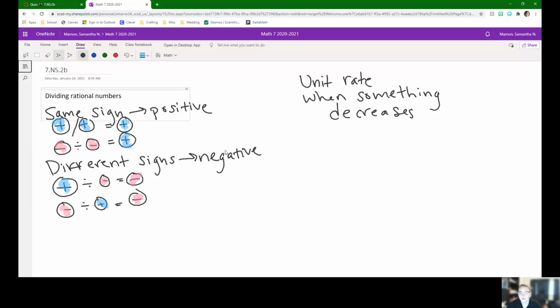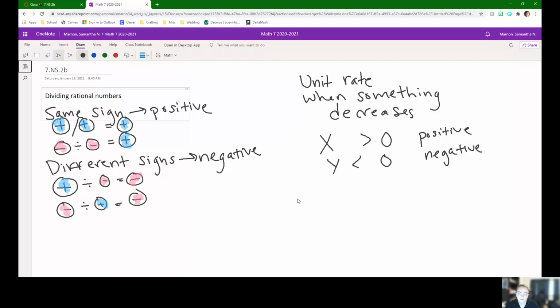Or they could ask you those weird ones with the variables and the letters again, where it says something is greater than 0 and something is less than 0. So if they tell you that x is greater than 0 and y is less than 0, that means x, because it's bigger than 0, is positive, and y, because it's less than 0, is negative.